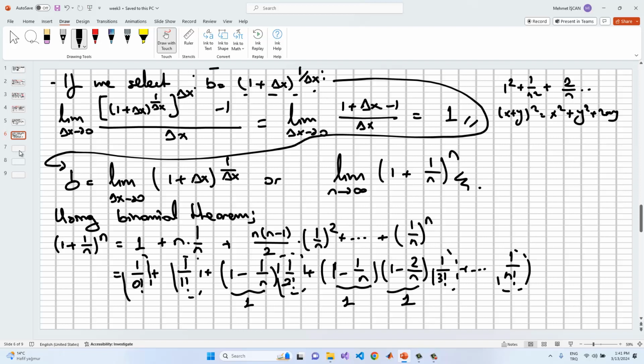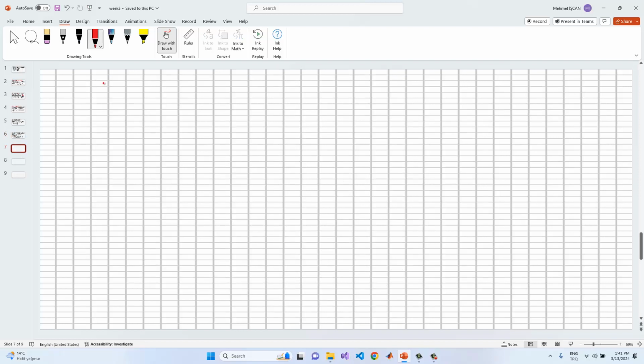So with this notation, we can write this limit as n goes to infinity as 1 over 0 factorial, plus 1 over 1 factorial, plus 1 over 2 factorial, and so on up to 1 over n factorial.